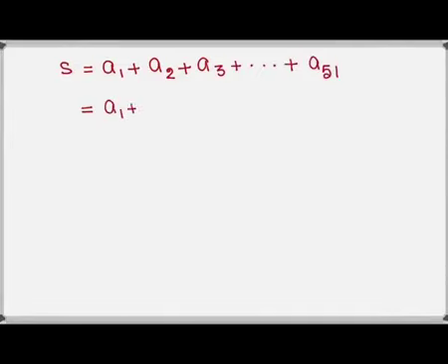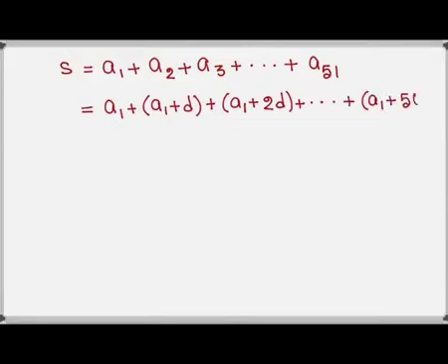We can write a2 as a1 plus d, a3 as a1 plus 2d, and continuing this way we have the last term a1 plus 50d, where d is the common difference of the arithmetic progression a1, a2 up to a101.